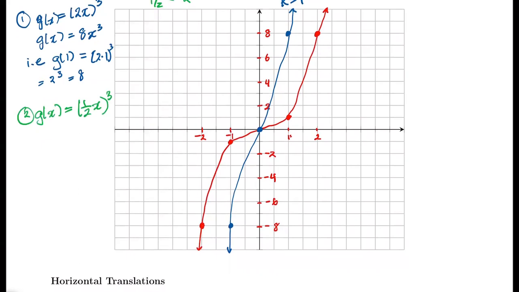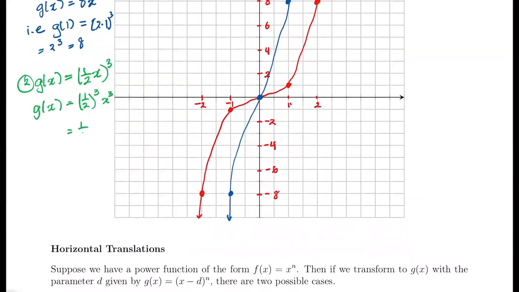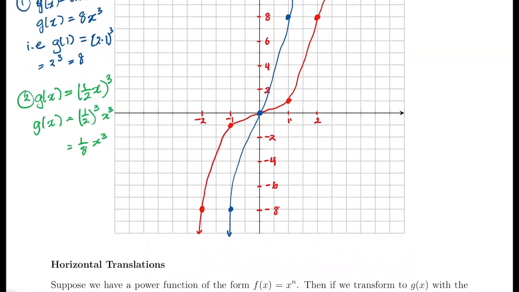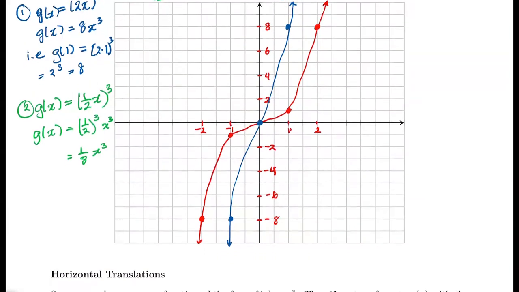We could also rewrite this equation by expanding the powers a little, and we would get 1/8 times x to the power 3. So it looks like we're going to have a vertical compression by a factor of 1/8, but we're going to look at this as a horizontal stretch. So let's have a look.